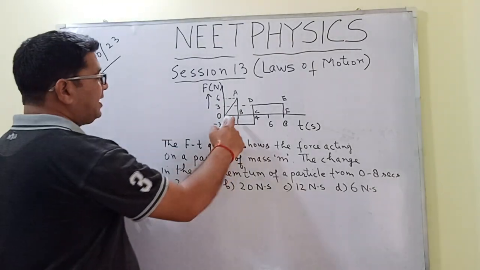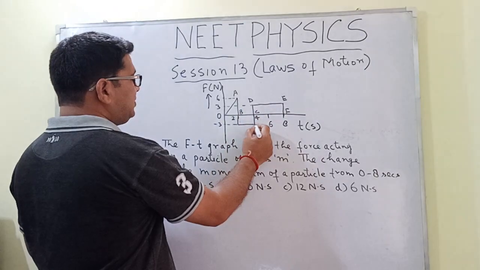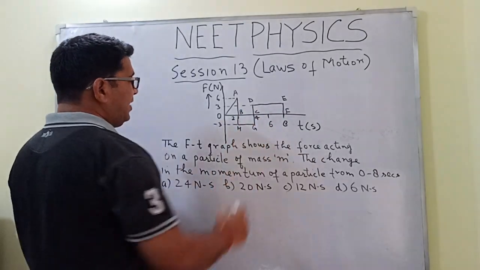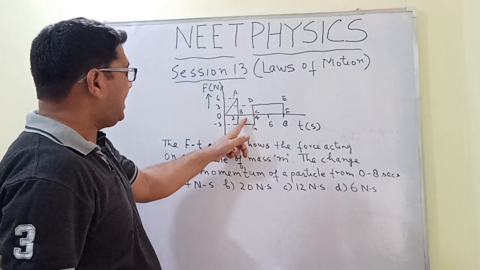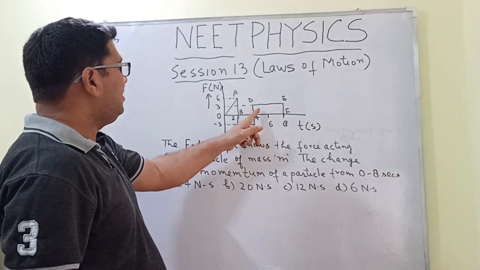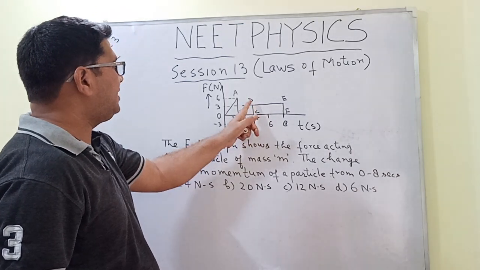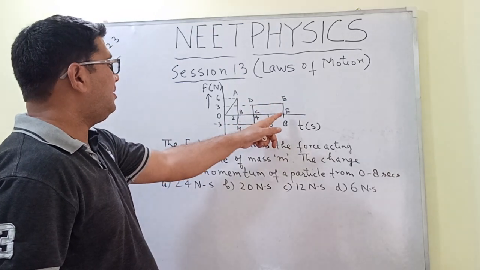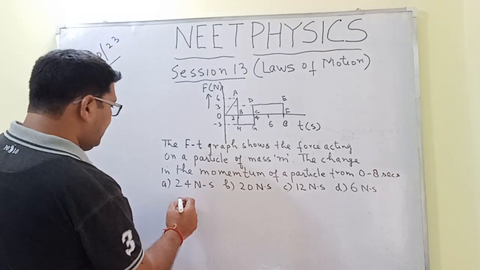Then we call this GH. We have to find the area of this rectangle, that is BCGH, and we have to find the area of this rectangle, that is DEFC.